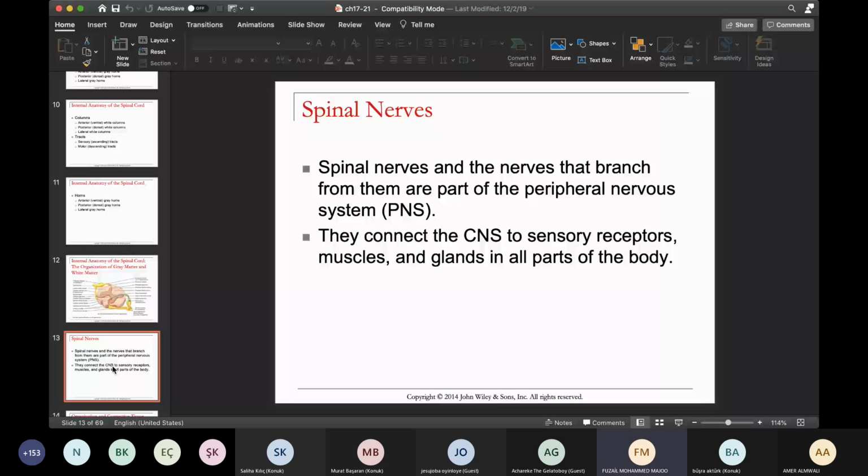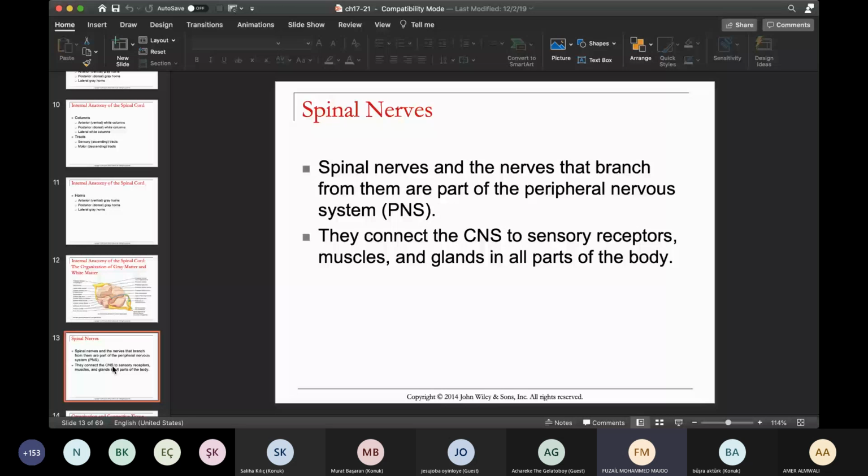With that said, the spinal cord looks as if it's segmented because of the 31 pairs of spinal nerves that are coming off at regular intervals from the spinal cord through the intervertebral foramina. Each pair of spinal nerves is said to come off of a spinal segment.